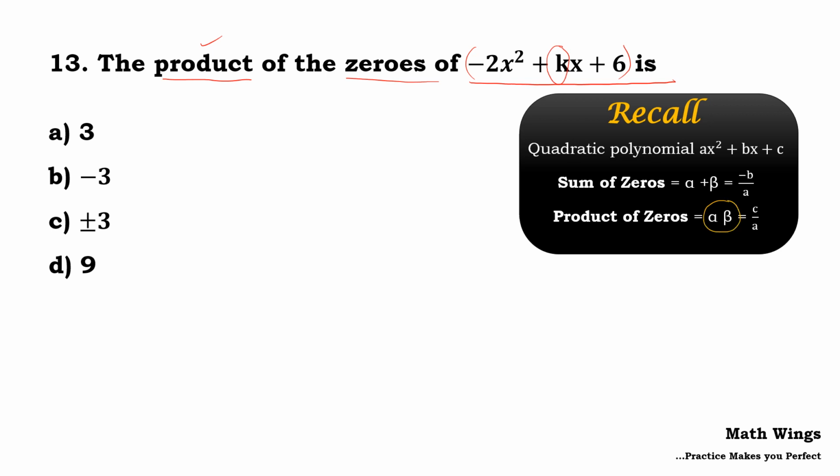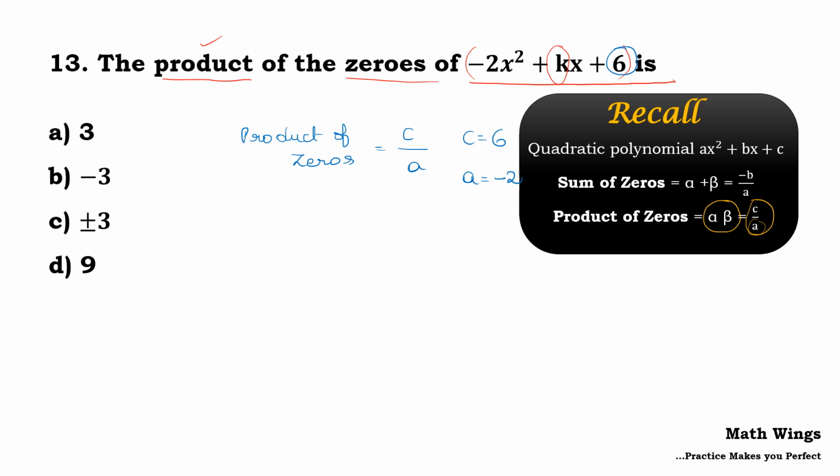Product of zeros is alpha into beta, that is equal to c by a. So if we have the values of the constant and the coefficient of x square, we can write the product of zeros. So you can write product of zeros equal to c by a, where c is equal to 6 here, and a is equal to minus 2.